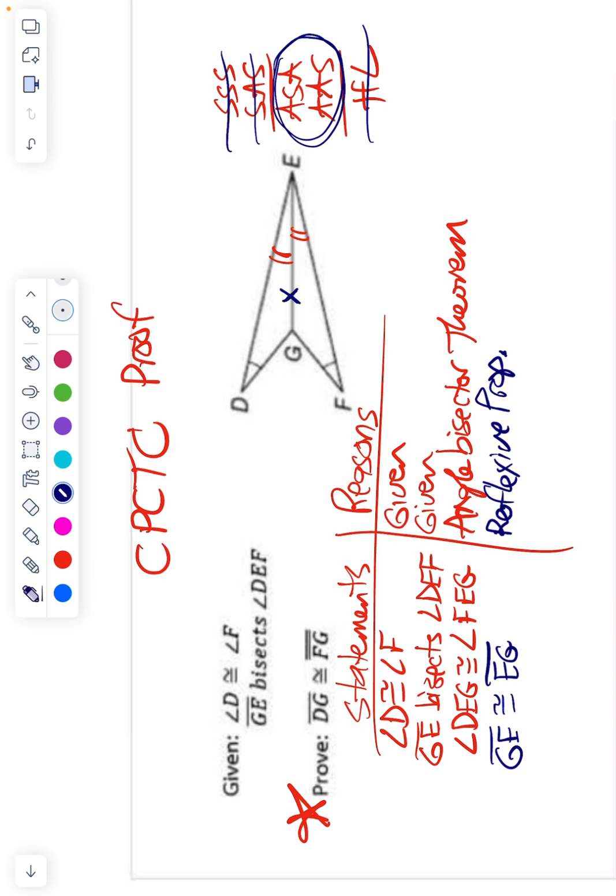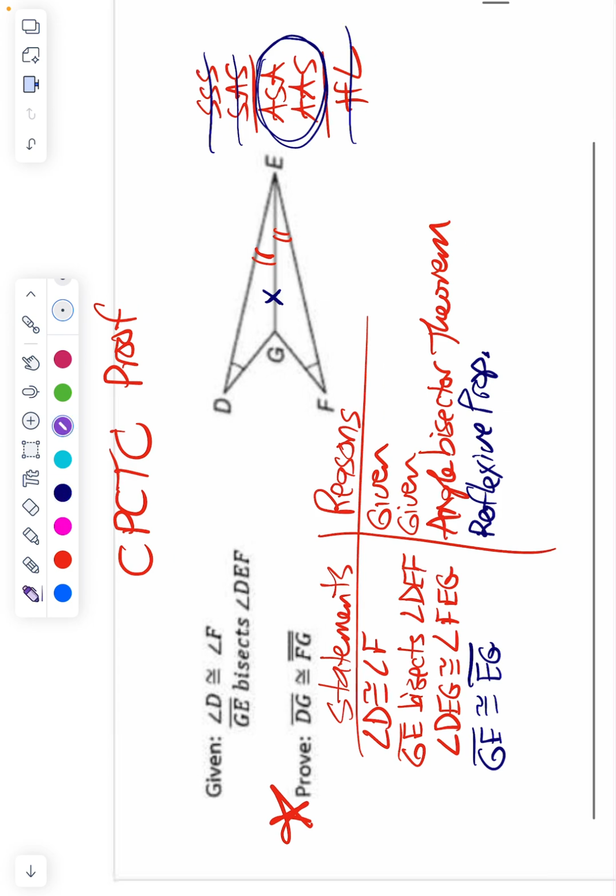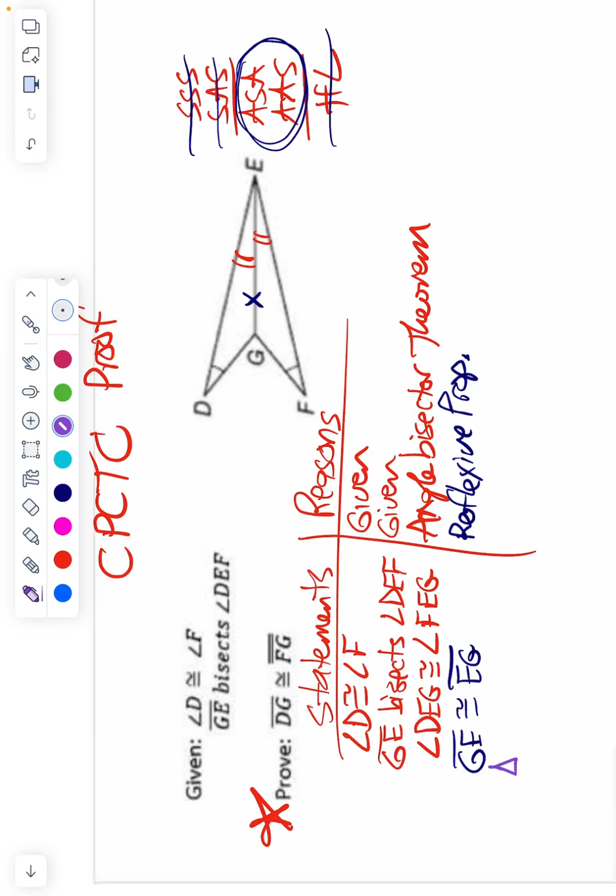Now we have enough information to say the triangles are congruent. Again, even though the proof didn't ask us to, so triangle DEG is congruent to triangle FEG. Why? Angle, side, angle. Okay?